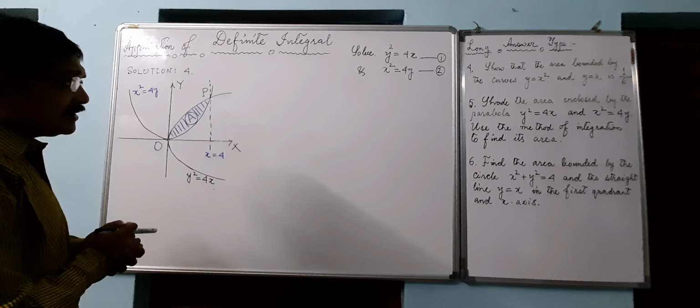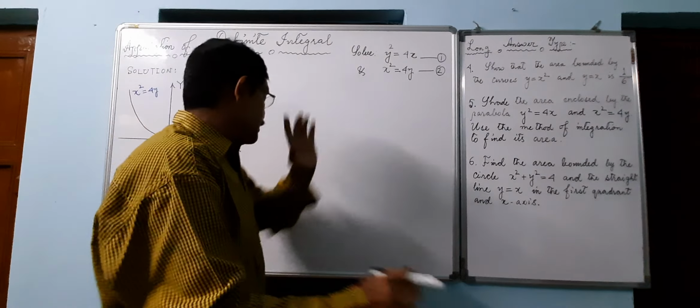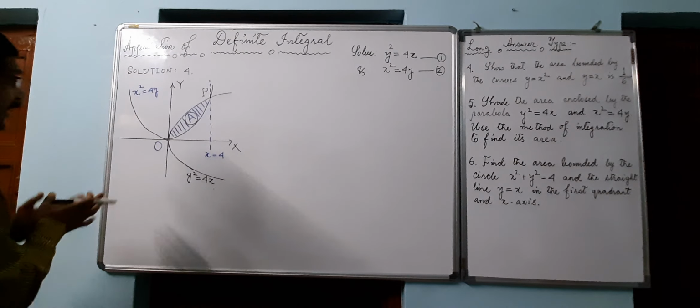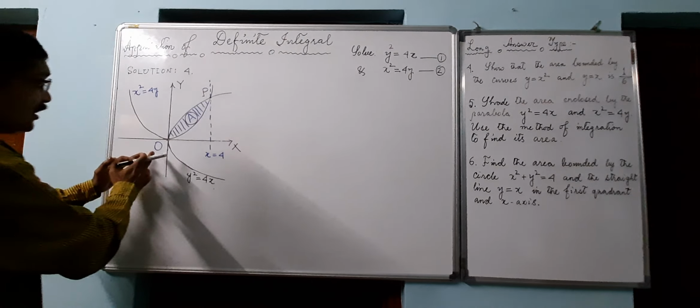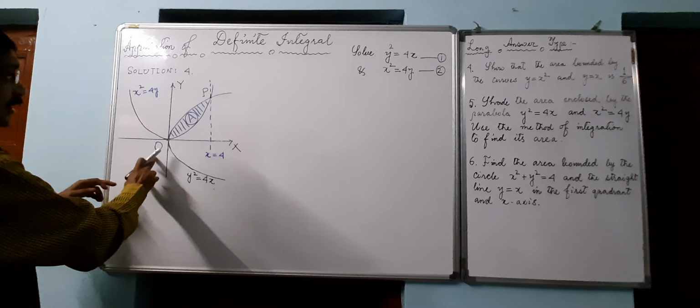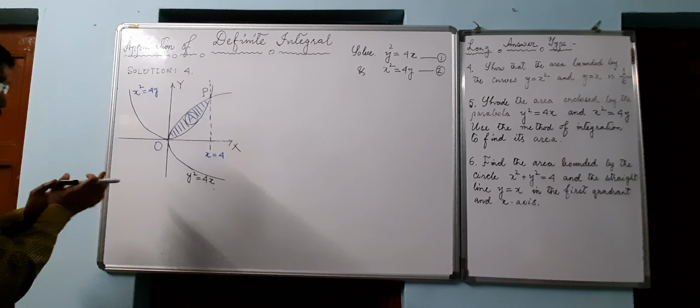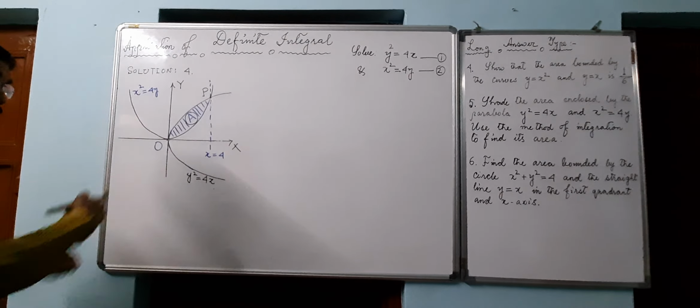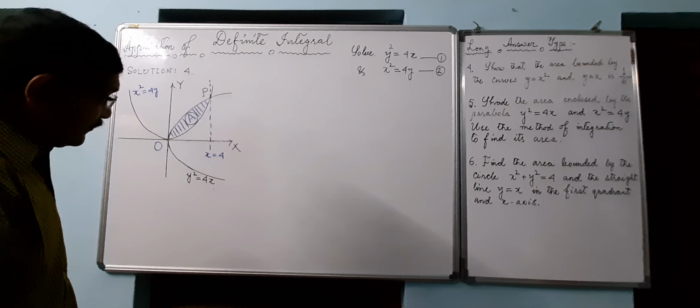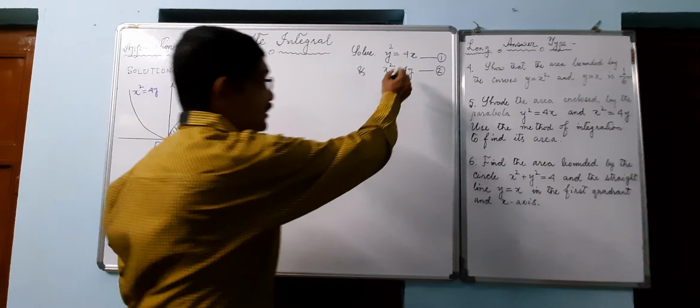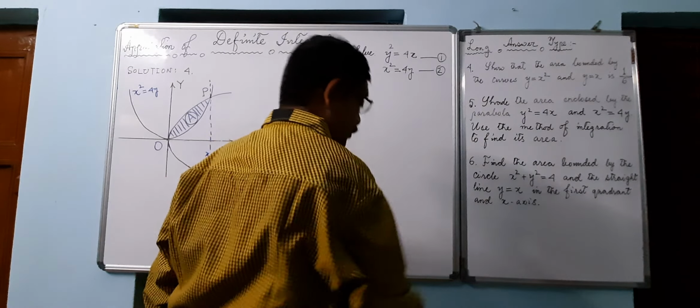First of all, our task is to find the points of intersection between the two parabolas. Here in the figure, O and P are the two points of intersection, which we find by solving the two equations given in the problem.